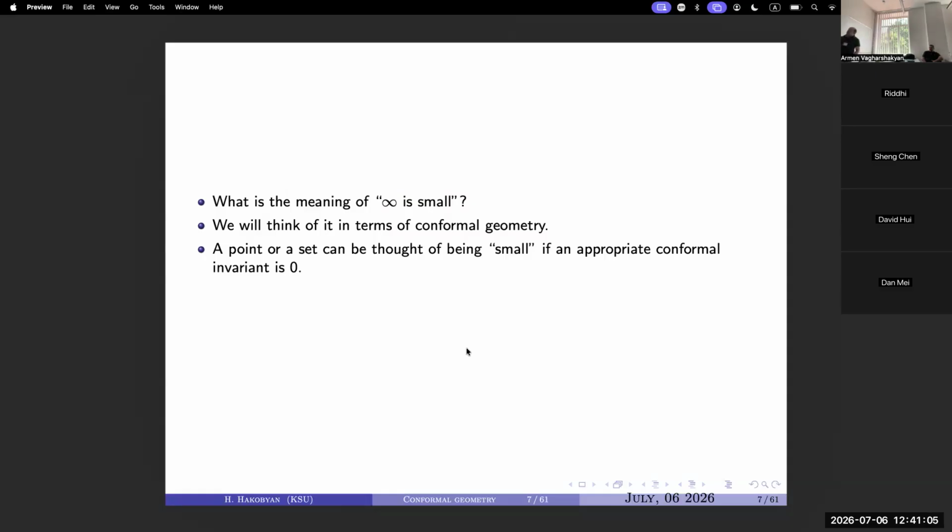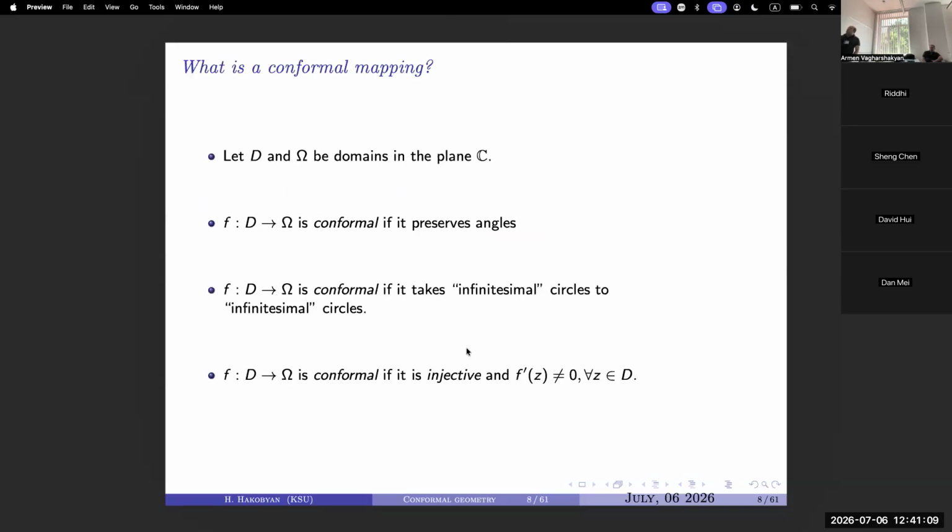Now given that, let's talk about what conformal invariants are. Before that, let's remember on one slide what a conformal map is. For me, a conformal map is a function which, well, I guess this is not quite correct. When I say conformal, it preserves angles, I also want to say it's injective. It's not just that it preserves angles, it's also injective. I should have added, it's usually a homeomorphism.